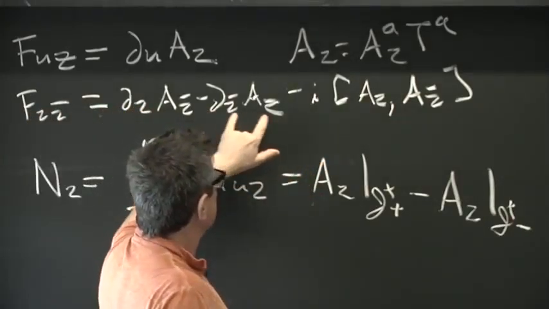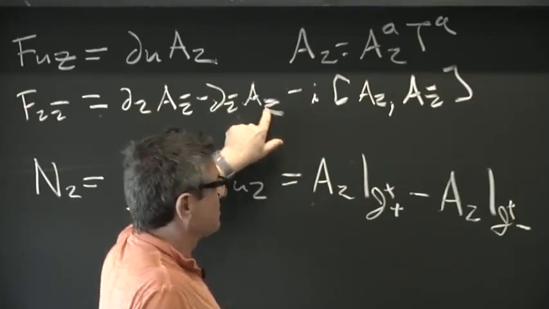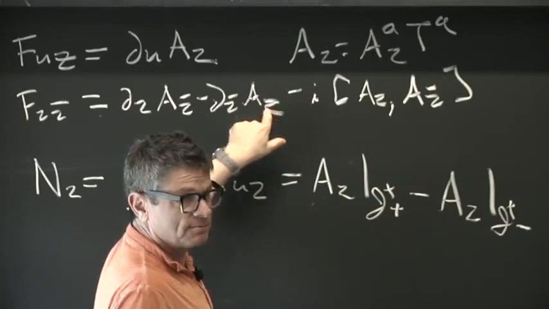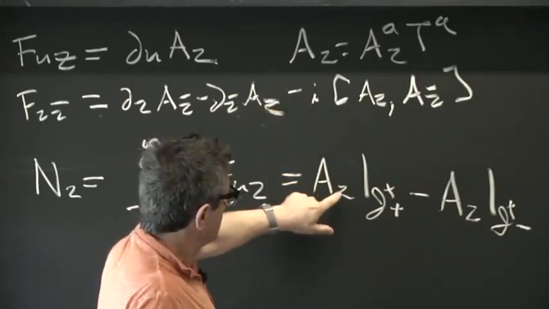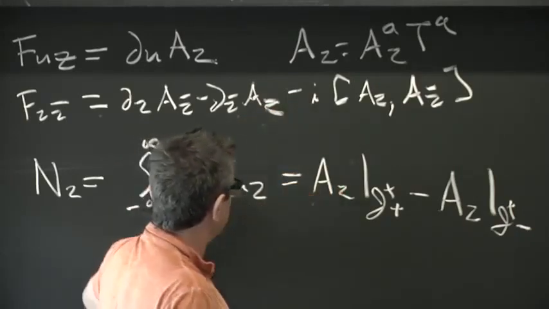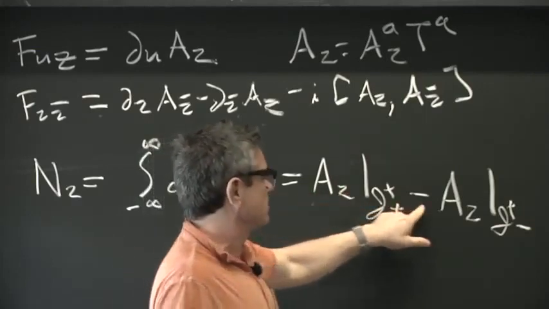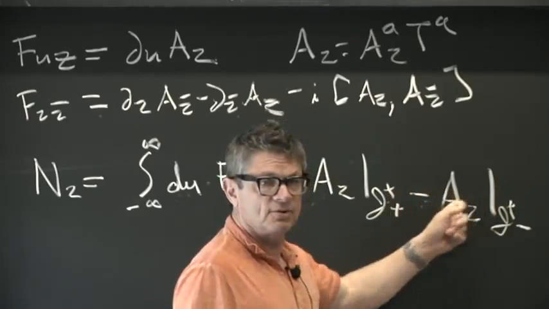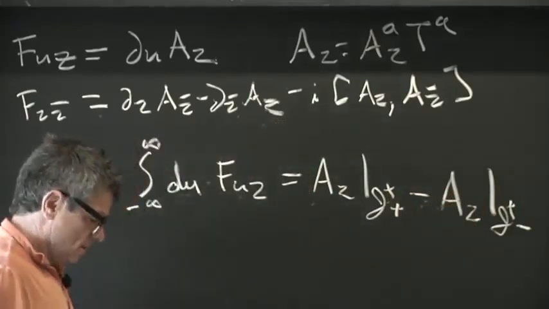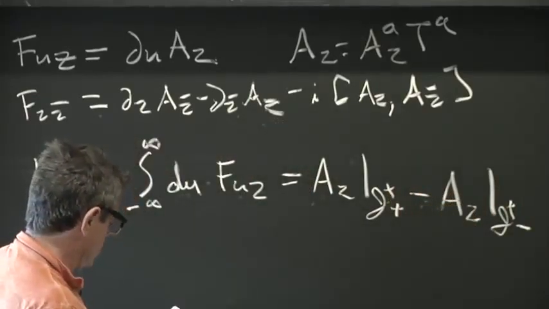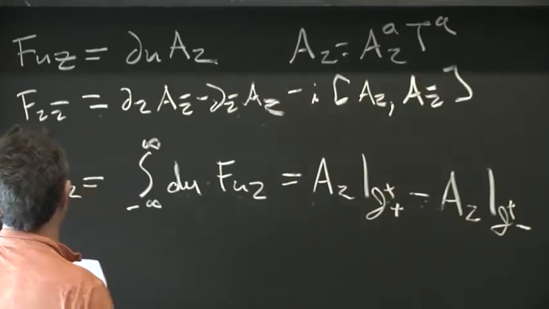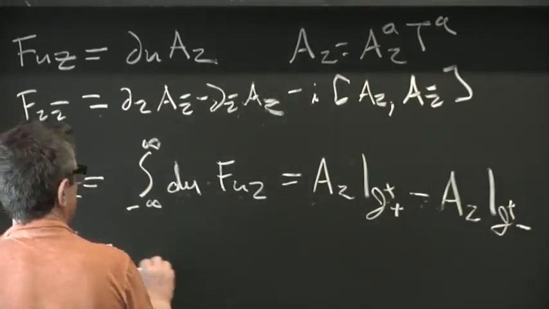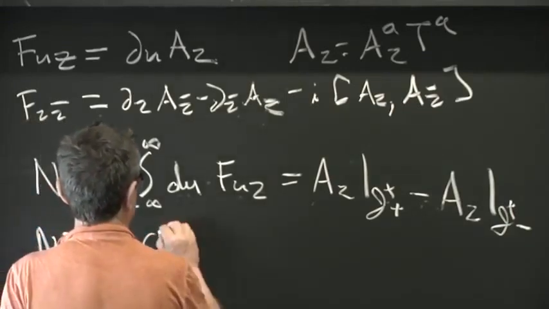So that would imply that A_z is a flat connection, but it might not be a trivial connection. And indeed, if F_uz is non-zero, it can't be a trivial connection at both the top and the bottom of scri.